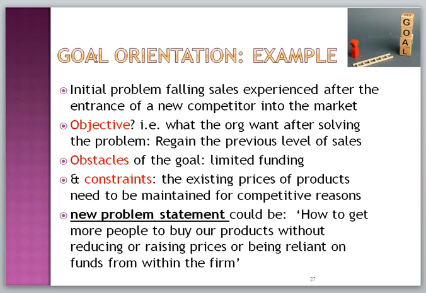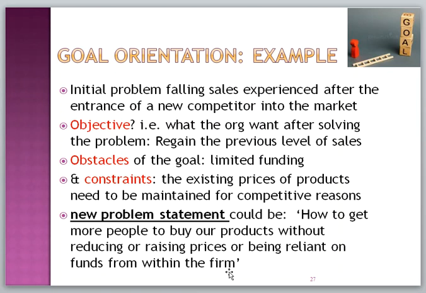Based on asking these questions and giving answers, and enhancing our understanding of the perspectives of the problem using the goal orientation technique, the new definition could be how to get more people to buy our products. So this is increasing sales, right? Without raising prices, which is a constraint, or being reliant on funds, because that's an obstacle from within the firm.